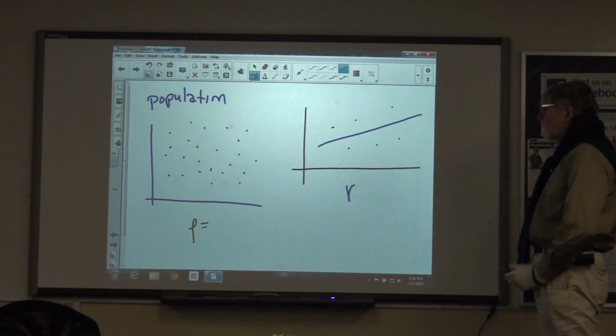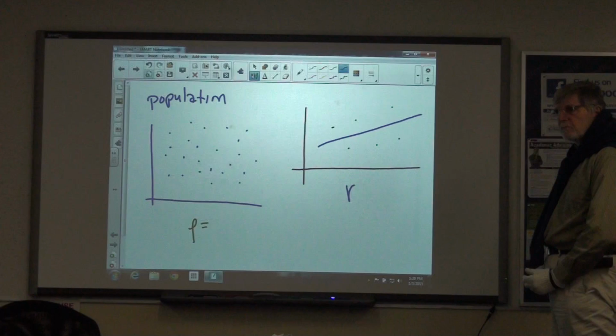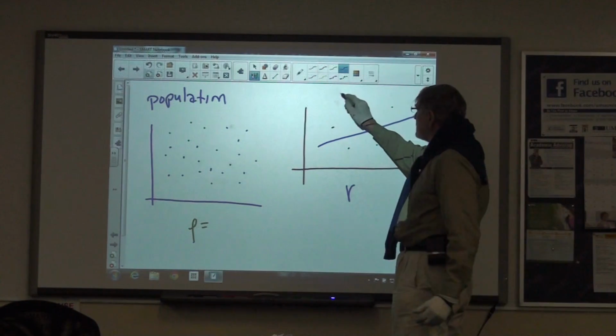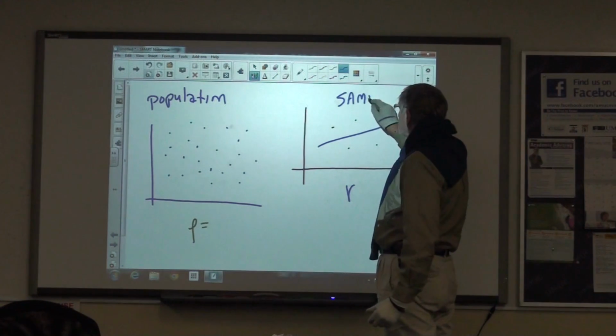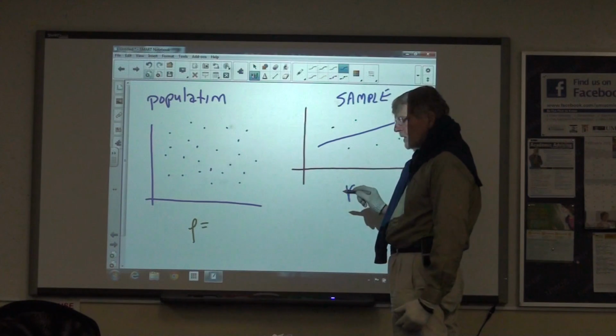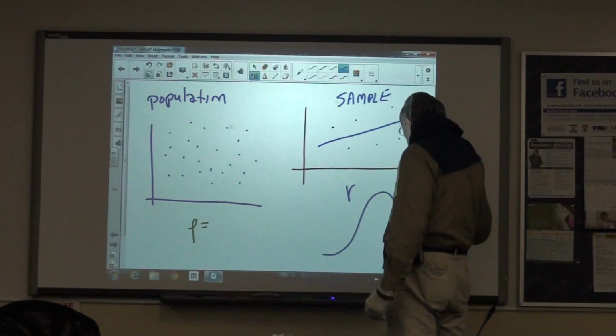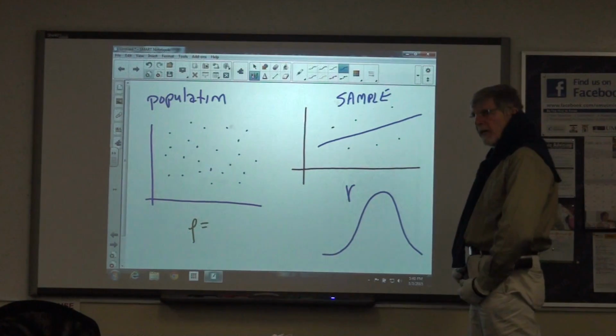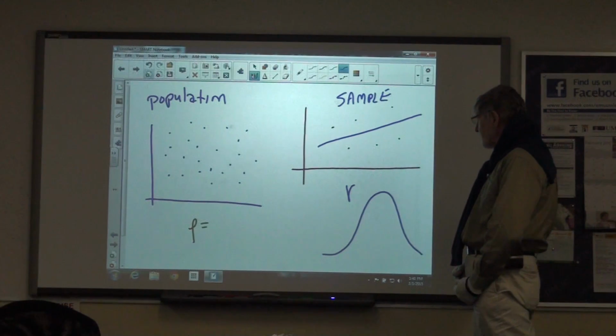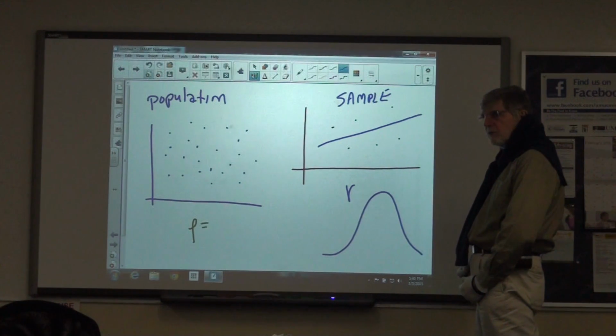You have to do a hypothesis test, because this sample is one of an infinite number of samples, is it not? So will it not have a sampling distribution? And the sampling distribution is subject to a hypothesis test.